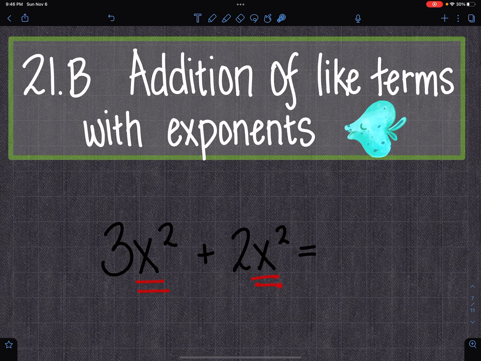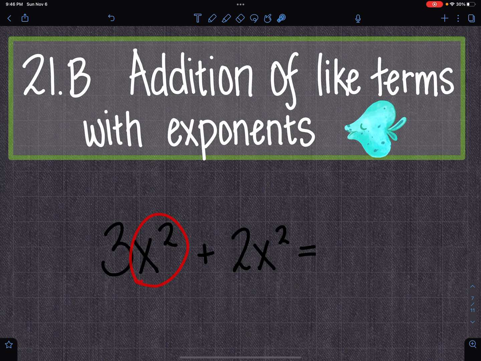So there's an x squared and an x squared. But you don't add the exponents this time. I'm going to show you why. Everything except the coefficient is the term that is the same.